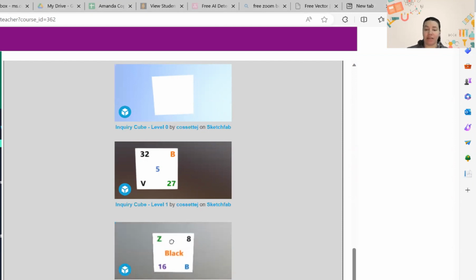Okay, so we got a couple things going here. Right, so we got something going on in the center. Okay, we got different colors, we got letters, numbers. So I recommend taking one, so it looks like we've got black, pink, orange, blue, black.